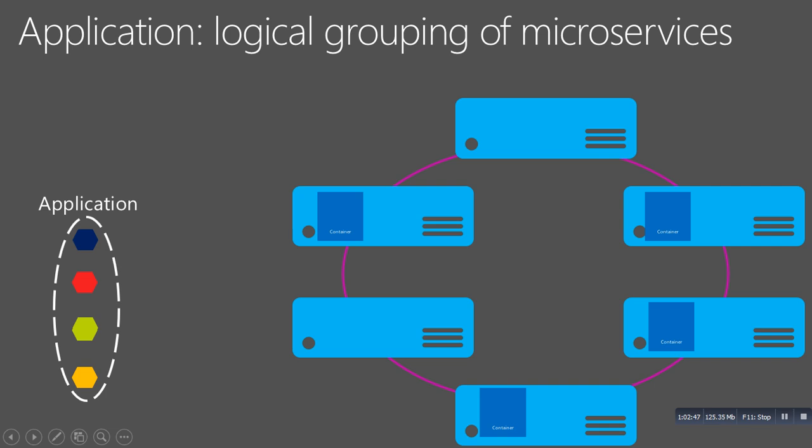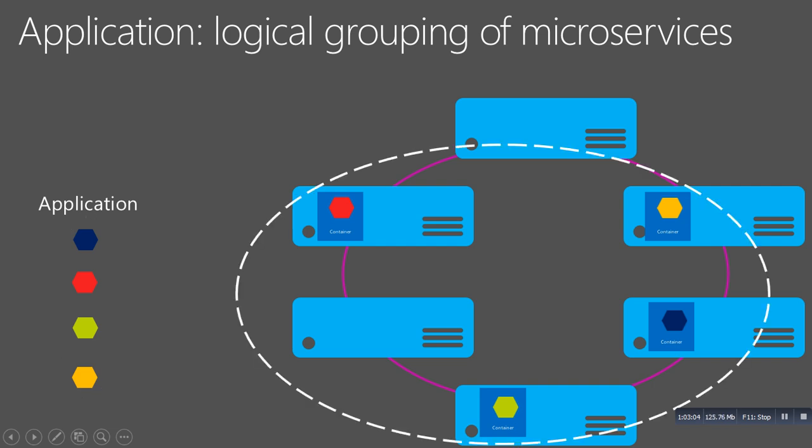Application lifecycle management includes provisioning and deploying constituent microservices, upgrading microservices without loss of availability, and monitoring microservices.